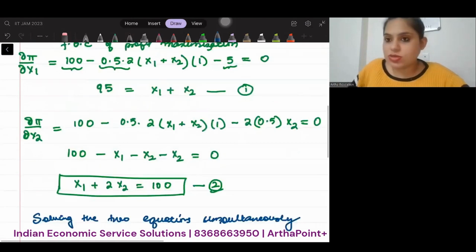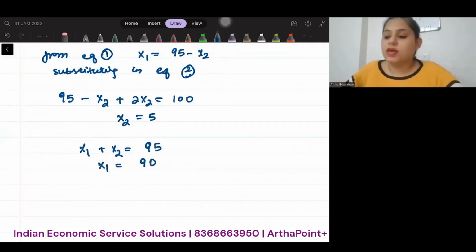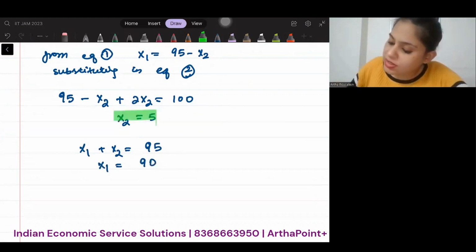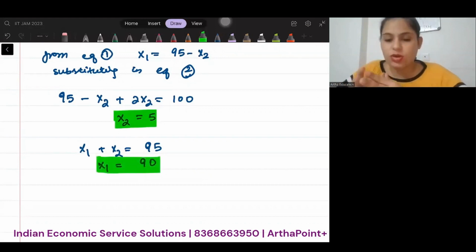But x1 plus x2 is 95, so x1 will be 90. So we have got the quantity that would be produced by the two firms even when they collude.